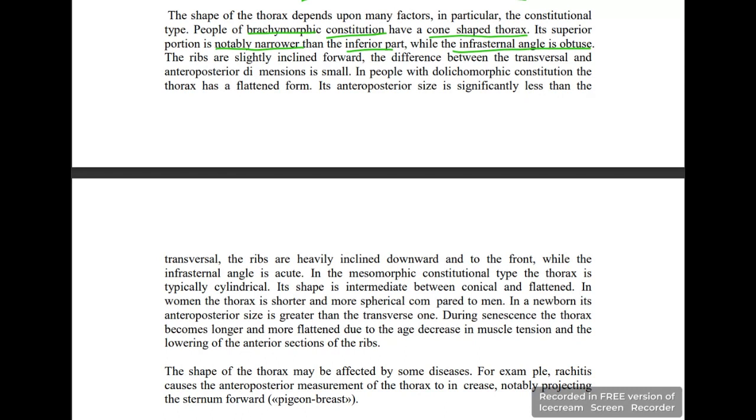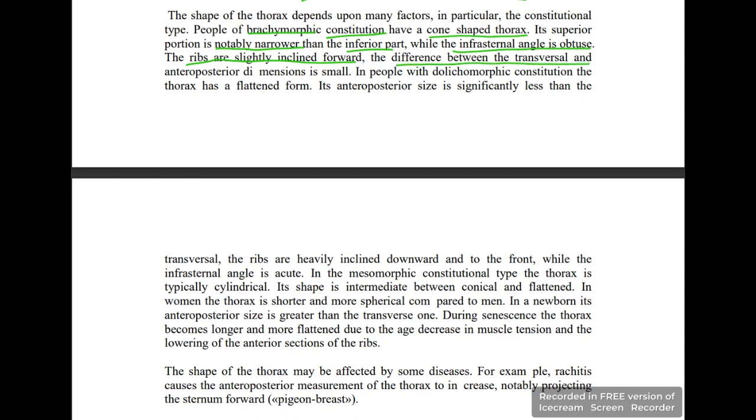If they ask what are the different shapes of the thorax, then you need to tell. Actually it's rare because there are many things to ask, but still if they ask, you just need to tell brachiomorphic, its shape is cone shaped. Its superior portion is narrower than the inferior and the infrasternal angle is obtuse. The ribs are slightly inclined forward.